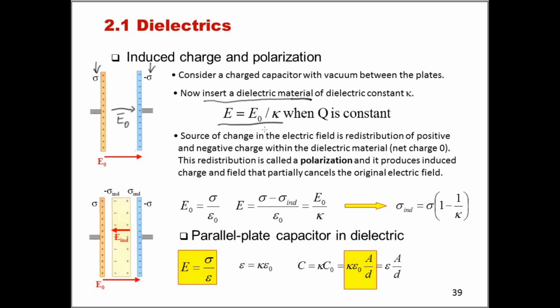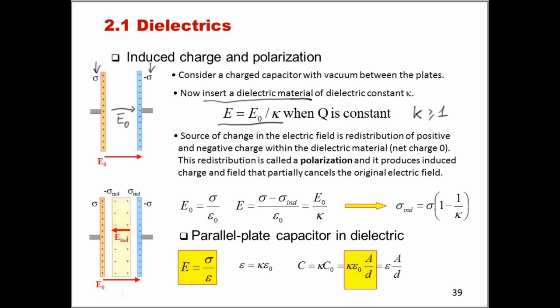K is obviously a positive number bigger than 1. K is 1 only if the material we are inserting is actually vacuum. The reason why the electric field between the plates is changing is because of polarization, as we briefly described already a few slides ago.